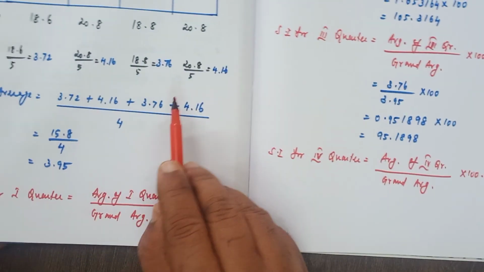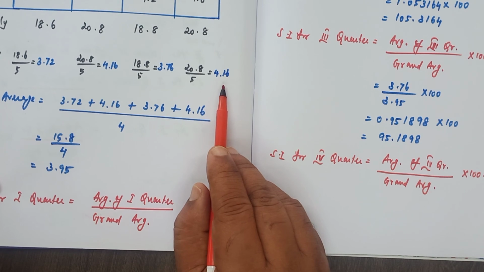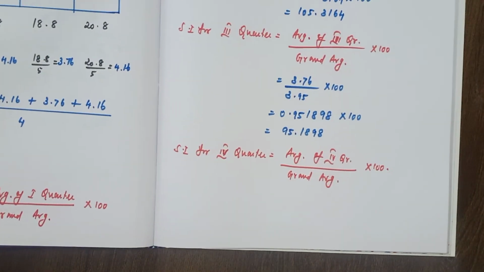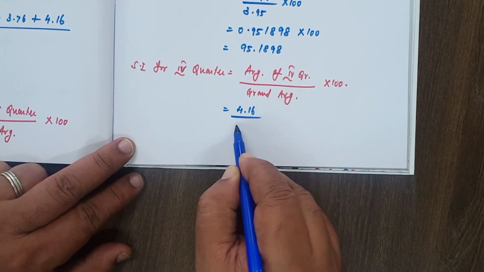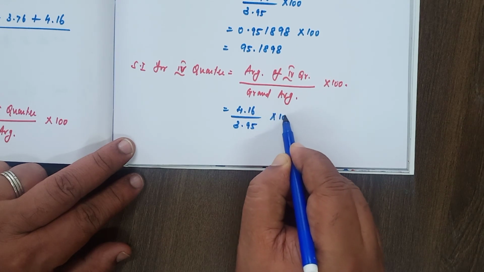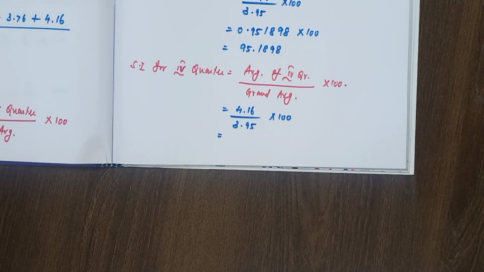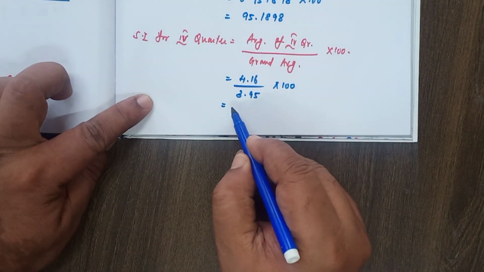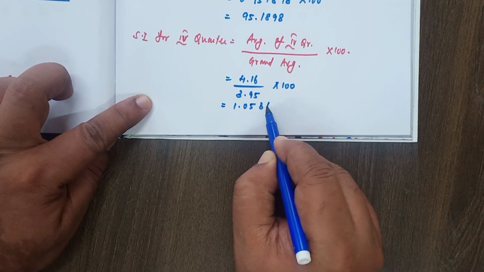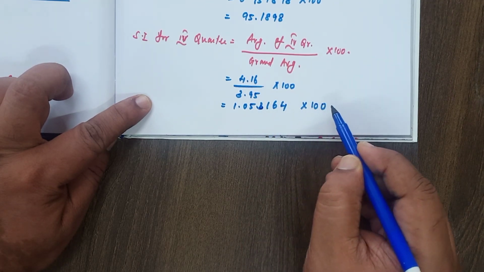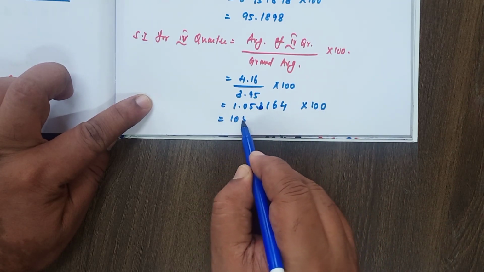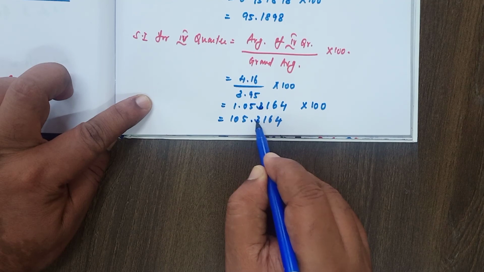The average of the fourth quarter is 4.16 and the grand average is 3.95. 4.16 divided by 3.95 into 100: 4.16 divided by 3.95 is 1.053164, into 100 gives 105.3164.